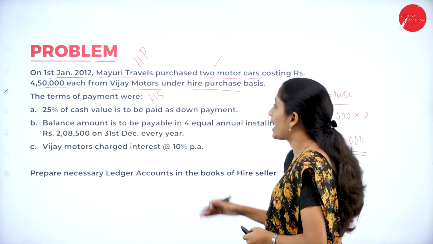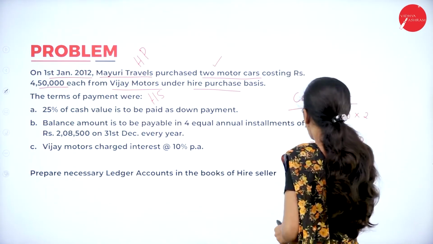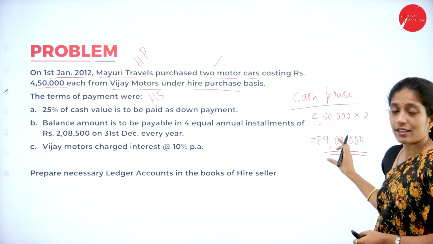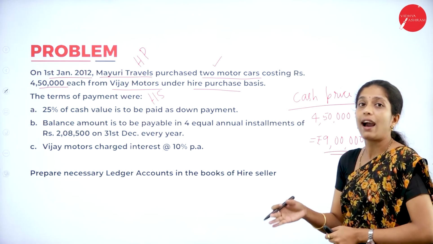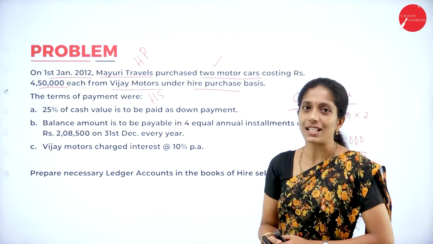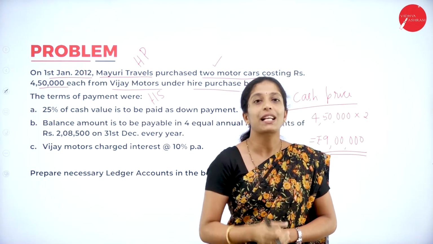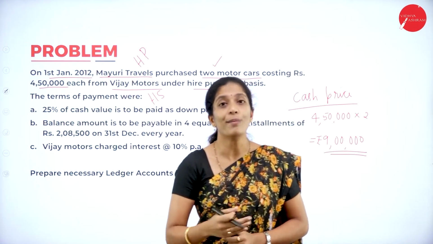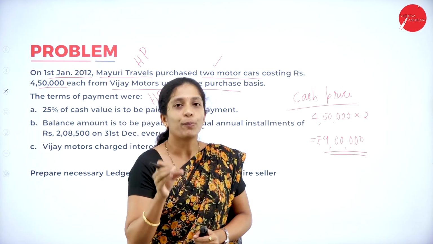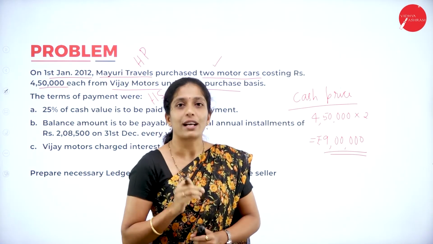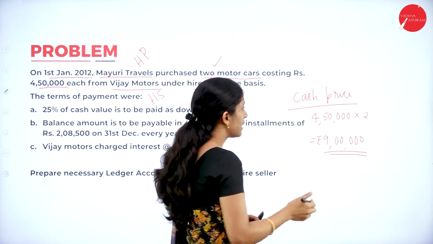Next, what have they done? 25% of the cash value is to be paid as down payment. Out of this 9 lakh, on the delivery of the motor car, they have paid 25% of this total cash price. That is 25% of the total cash price has been paid by the hire purchaser. That is known as down payment.